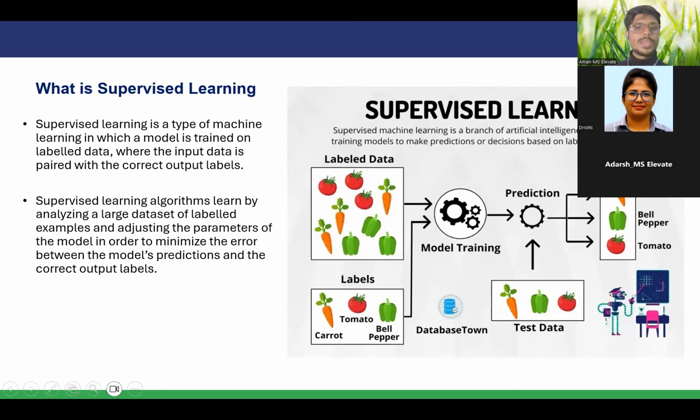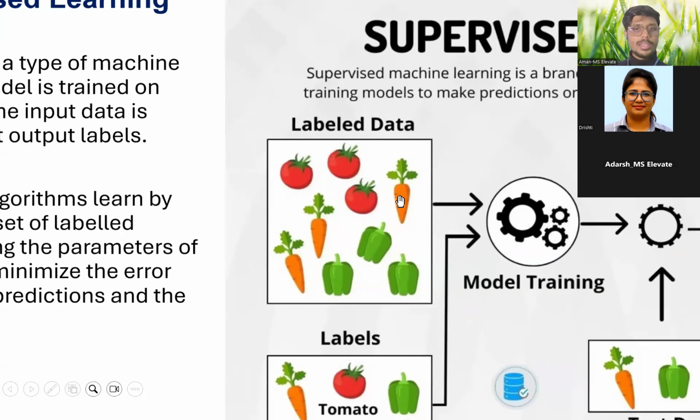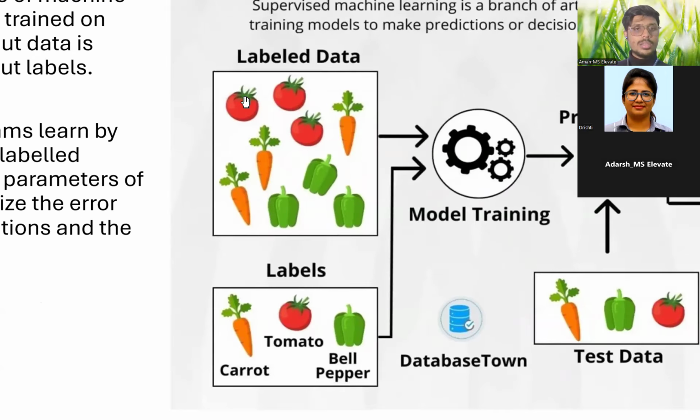Just imagine I have given this. These are some red colored vegetables. These are some orange colored vegetables that have some length. And these are some green colored vegetables. Now I told it, this long orange vegetable is a carrot.